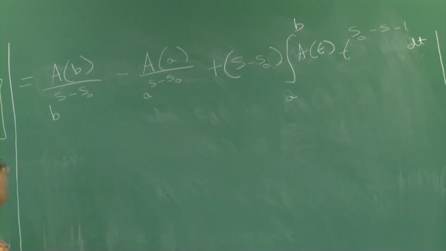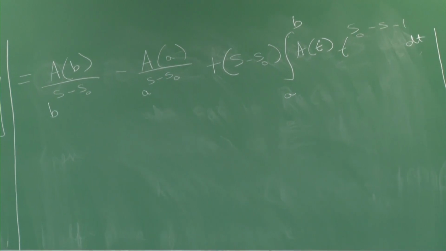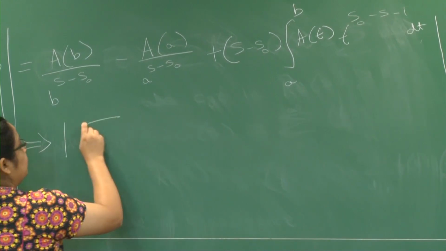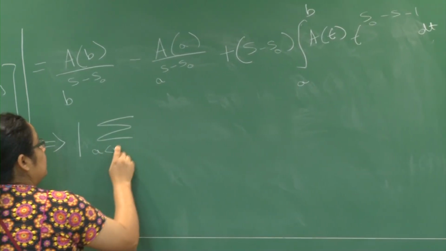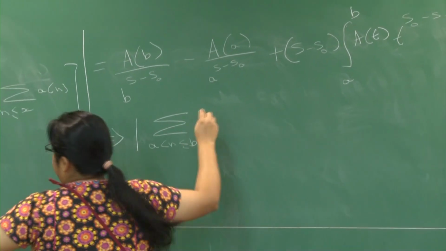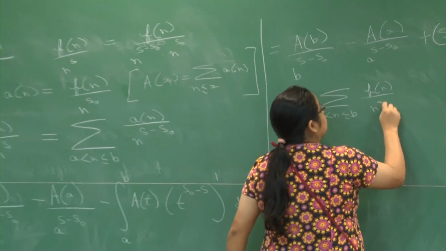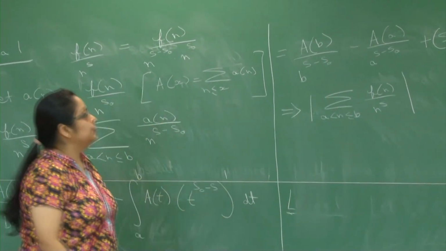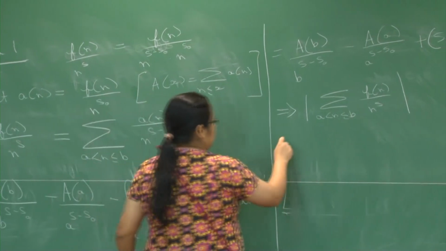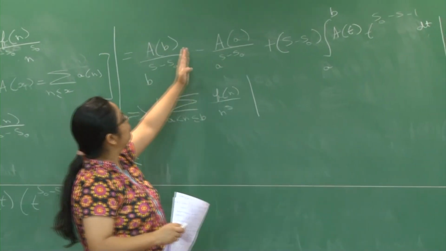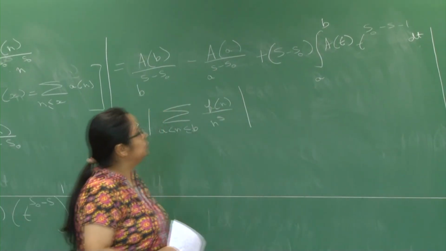So far, just your partial summation formula. And now what we want to do is give some bounds for these. So this tells us that the absolute value of the sum of f of n over n raised to the s is less than or equal to the sum of the bounds for the absolute values of each of these quantities.